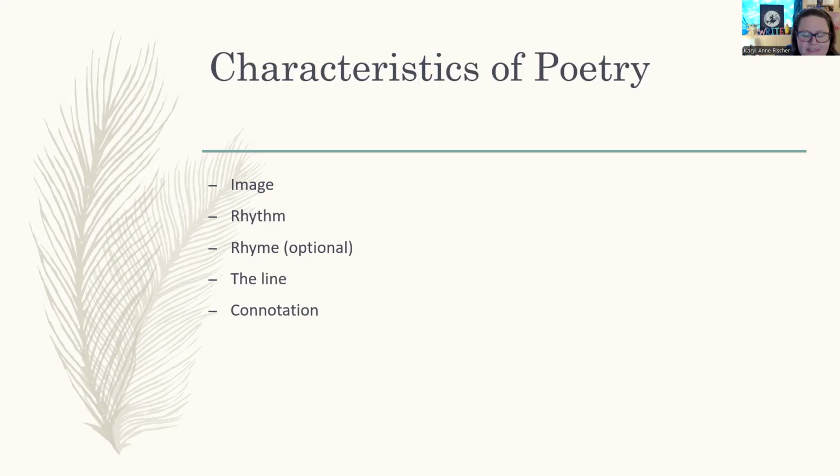So poetry, of course, is different than prose. However, what characterizes poetry isn't a whole lot different from what characterizes a really effective piece of prose. When we talk about creative nonfiction next, one of the things I'll talk about is lyric essays, for example, which are types of essays that are basically as close to poetry as you can get while still being prose.